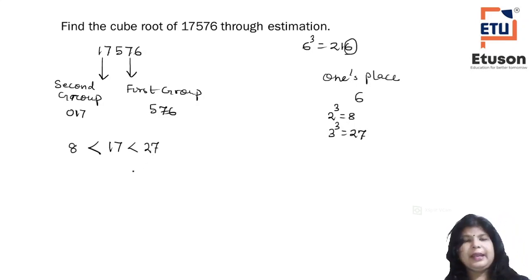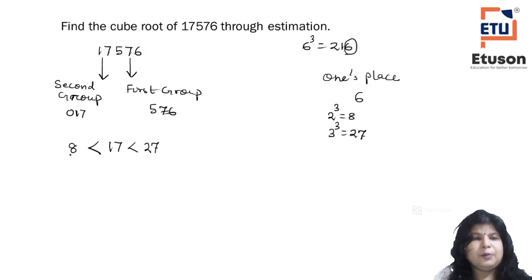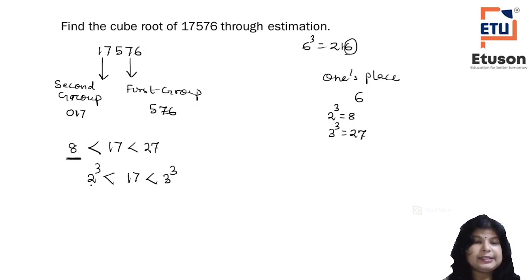So from this, the smallest number is 2, the smallest is 2 cube. Your 17 is in between 2 cube and 3 cube. So you have to consider the smaller number.